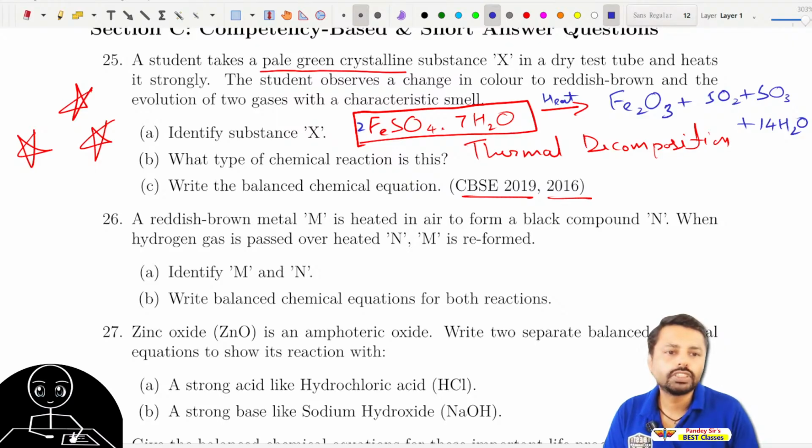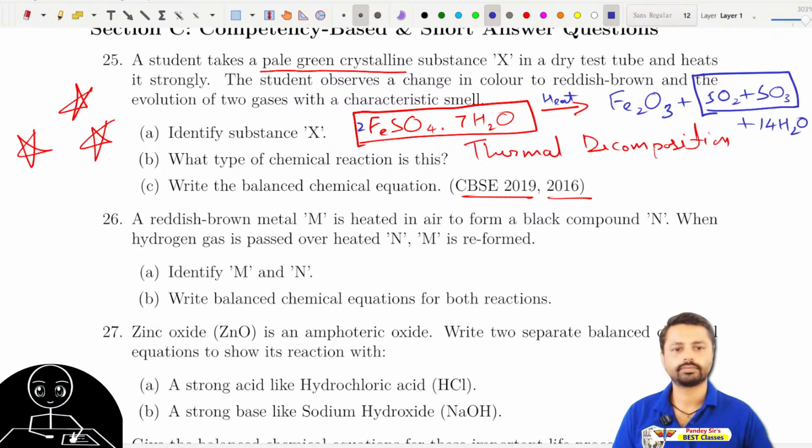The student observes a change in color to reddish brown and evolution of two gases. These two gases are SO2 and SO3. Keep in mind, when it is heated strongly, this kind of reaction happens.